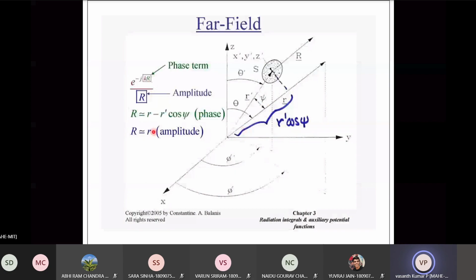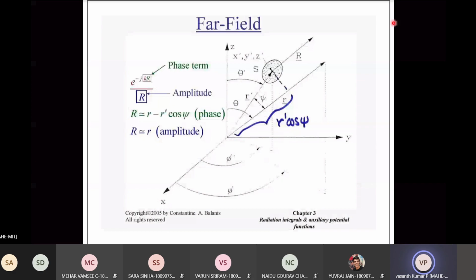So if you consider the amplitude, because it is a far off point, capital R and small r will be nearly equal. If it is a far away point, capital R and small r will be nearly equal. This is applicable only for far fields where r is very large. So as far as the amplitude term is concerned, capital R and small r are nearly equal.